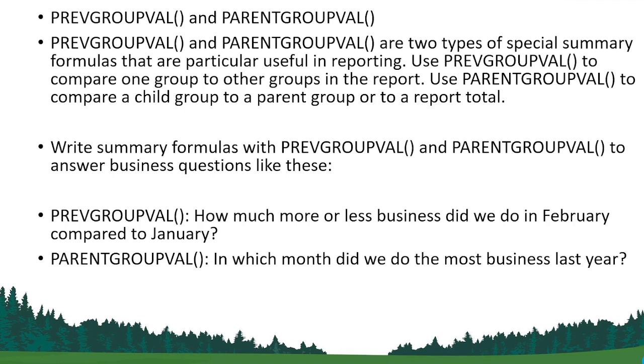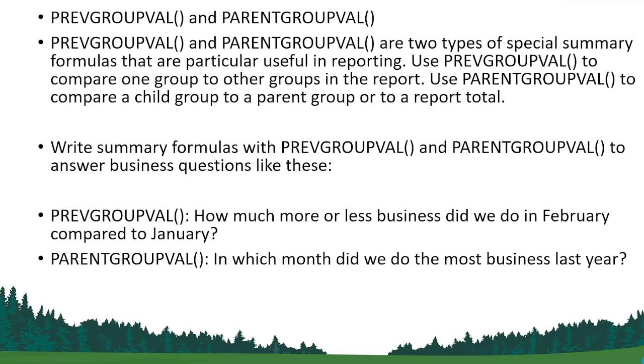Then you have different functions, the previous group value and the parent group value. So these are the two different types of special summary formula. In the special summary formula, you can compare these values and use these special formulas for particularly useful reporting.